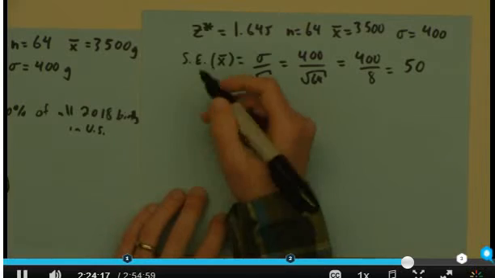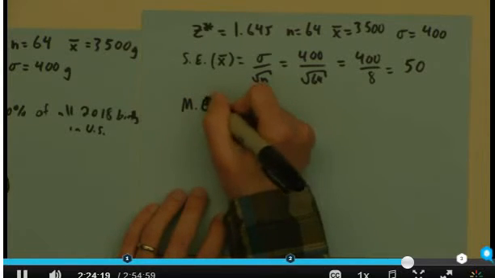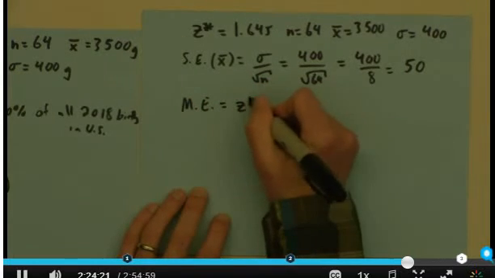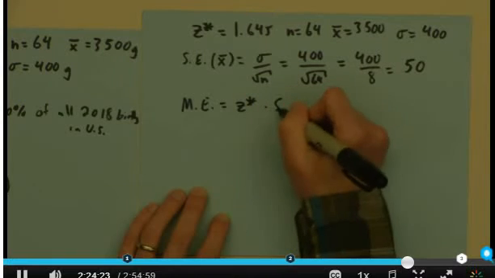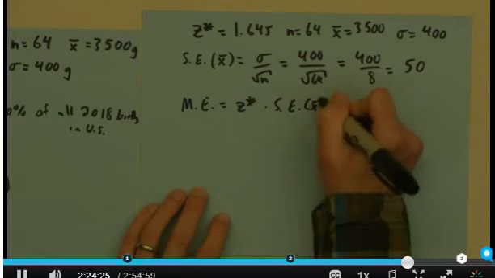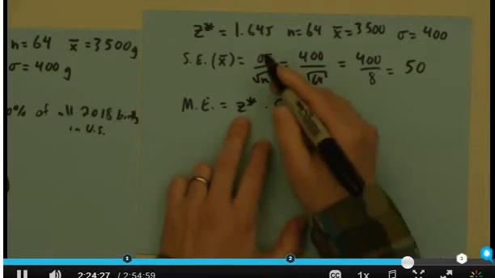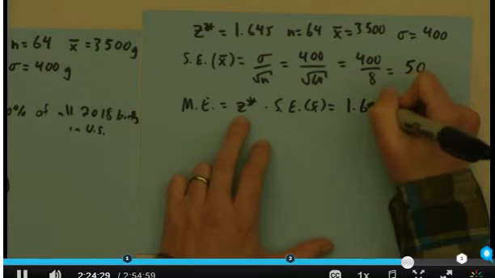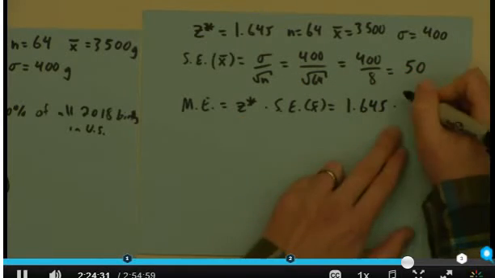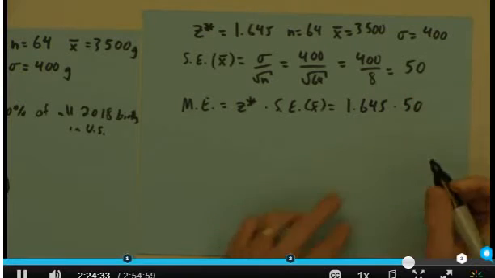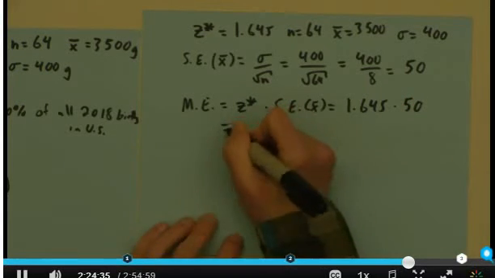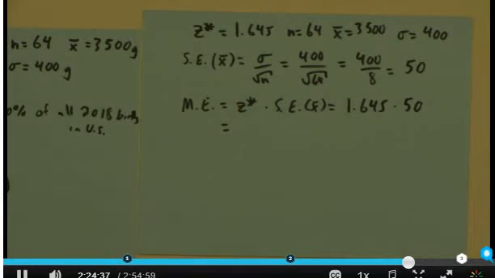And my margin of error is my critical score times the standard error. So that's going to be the 1.645 times 50. What is that?